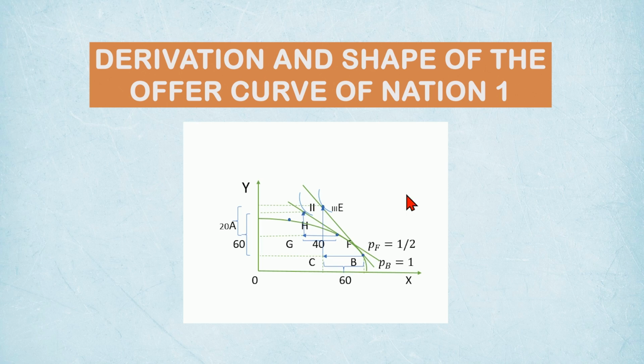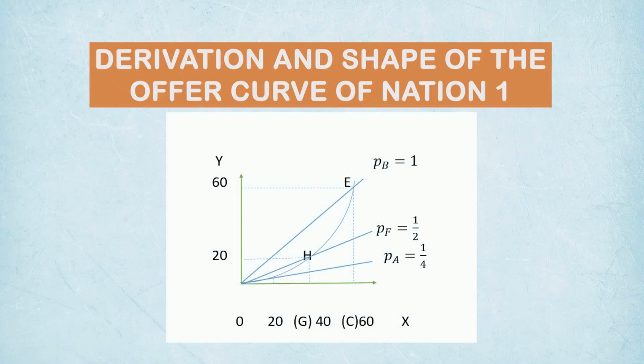Here, the amount of X that I am exchanging for the amount of Y is relatively more compared to the previous case. So the moment I move from PB to PF, the price line changes, and the quantity that I am willing to exchange at equal values is changing.